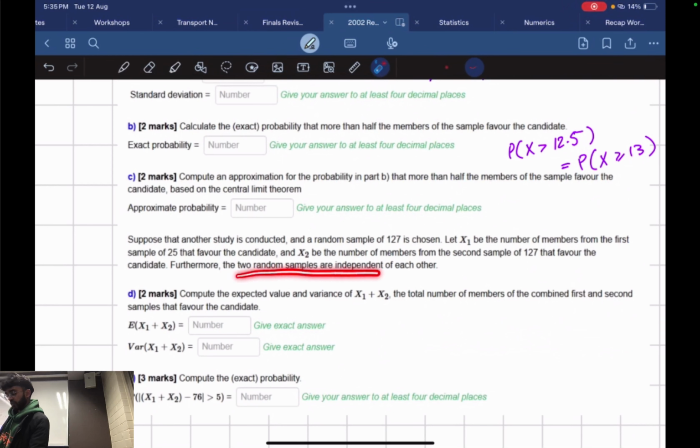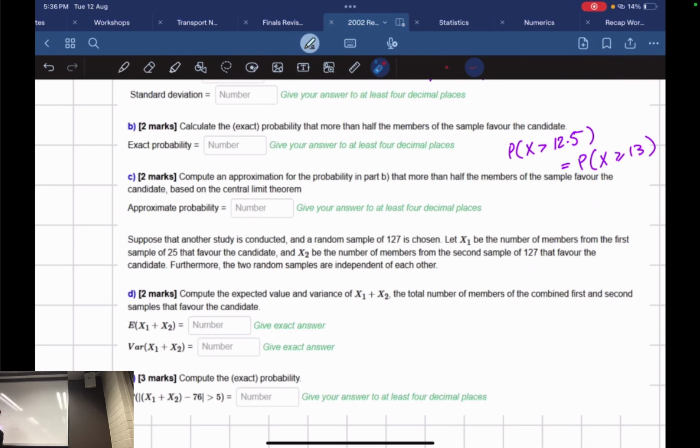They've told us that the two random samples are independent of each other. That only affects the variance. So if you think about the expected value, this is going to be equal to E of x1 plus E of x2.